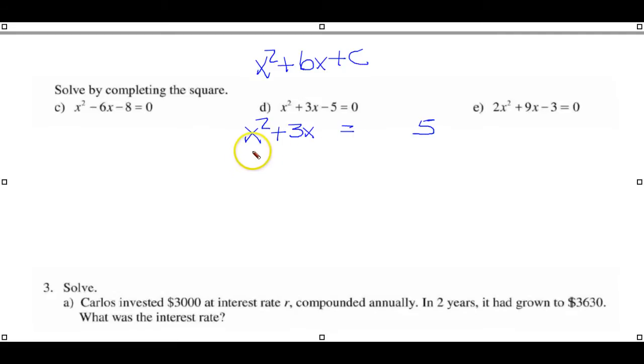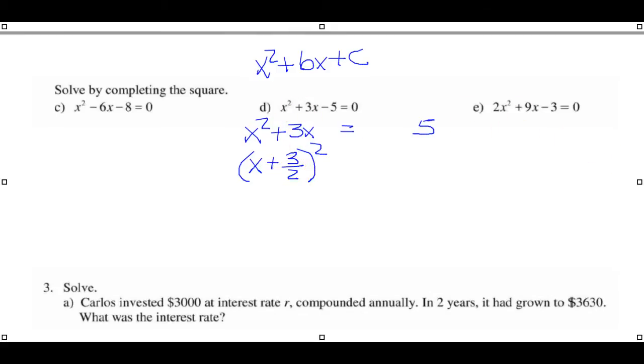I'm going to put a set of parentheses in which I'm going to develop a binomial that will be squared. I know my x is here. This is going to be a plus. I'm going to take half of 3. Half of 3 is just 3 halves. I just divide the 3 by 2, or multiply it by 1/2.